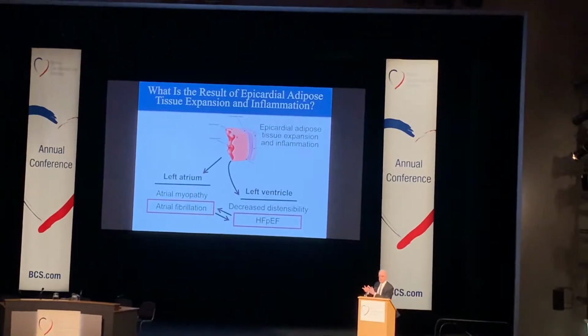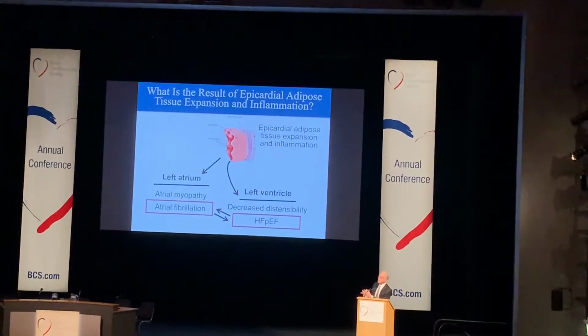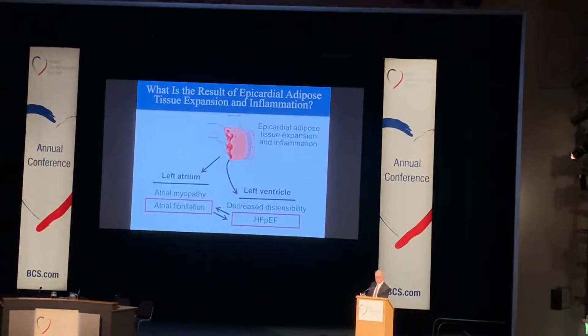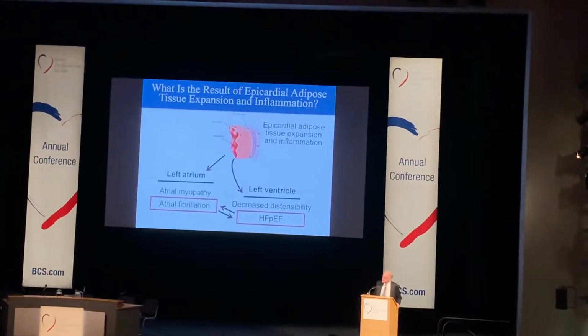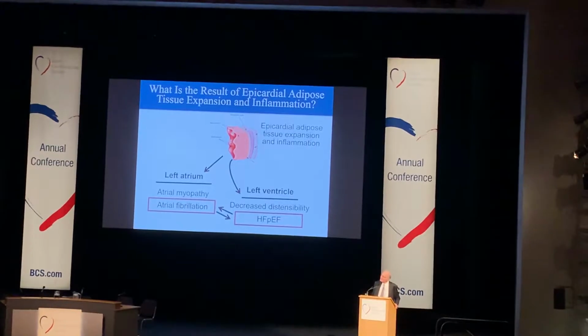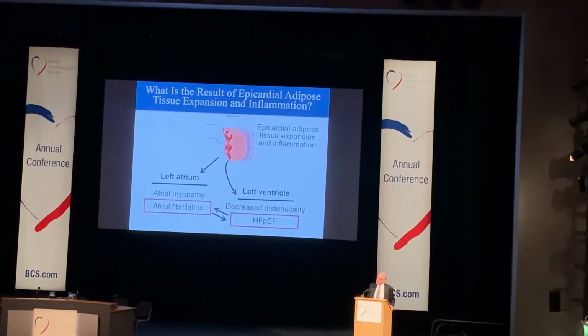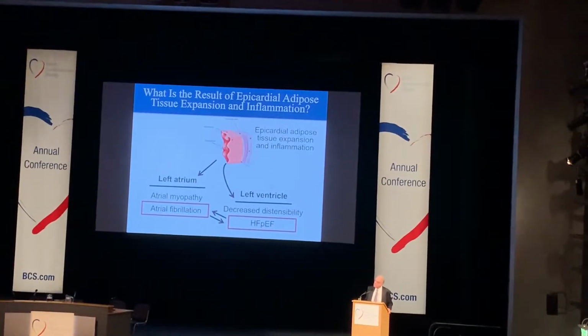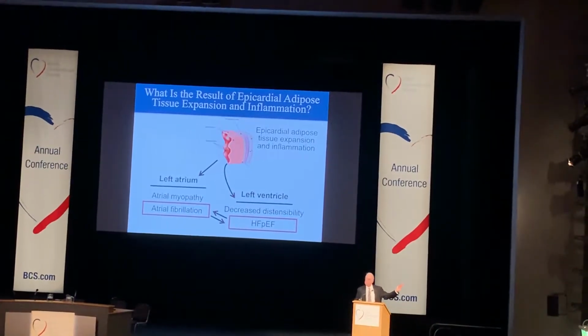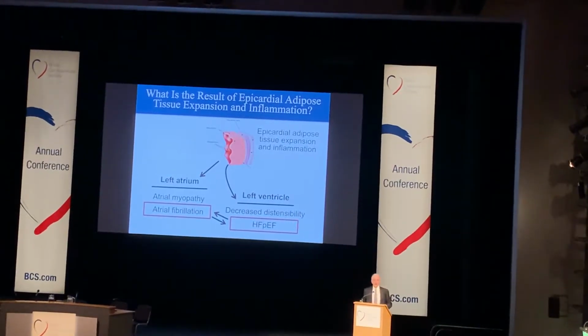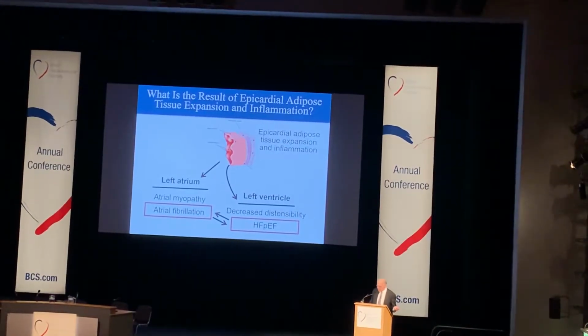And if you see someone who is at risk and they have a diagnosis of heart failure with a preserved ejection fraction, and if their electrocardiogram shows sinus rhythm, you just happen to have caught them at a good time. Because if you do serial and prolonged ECG monitoring, almost all of them have atrial fibrillation.